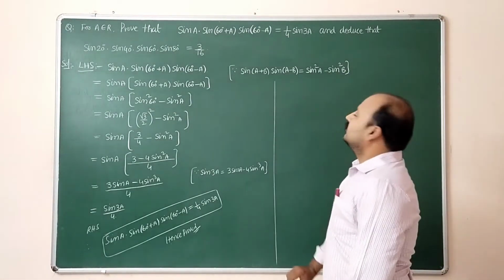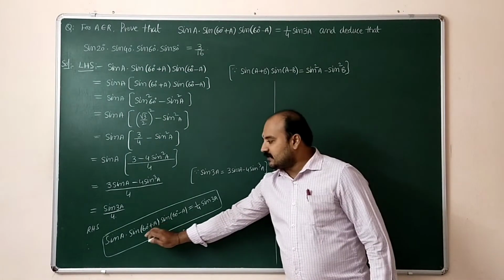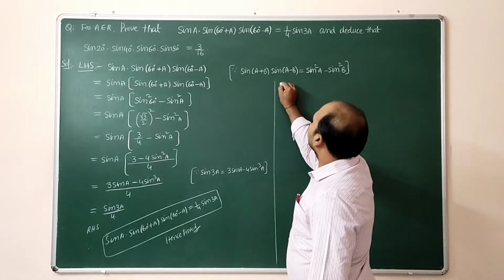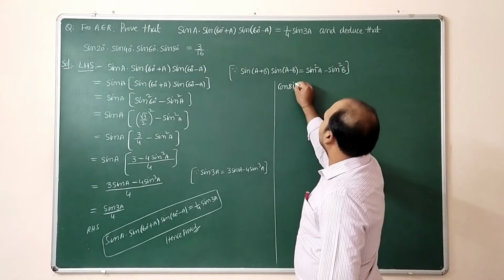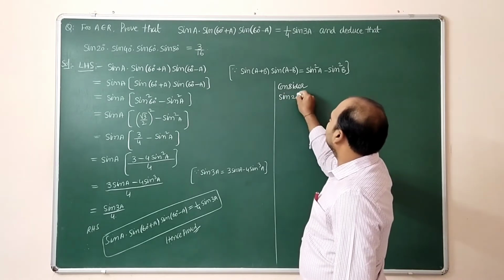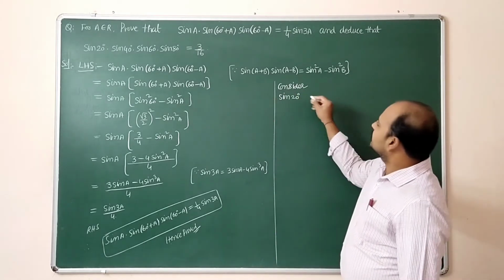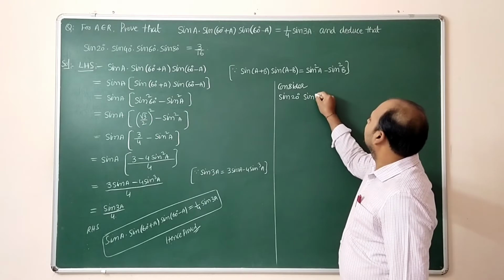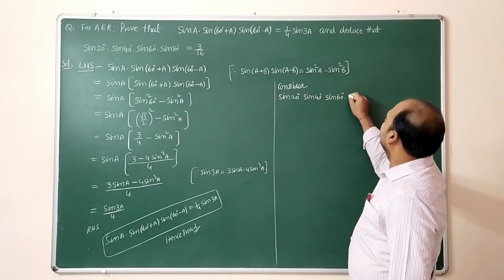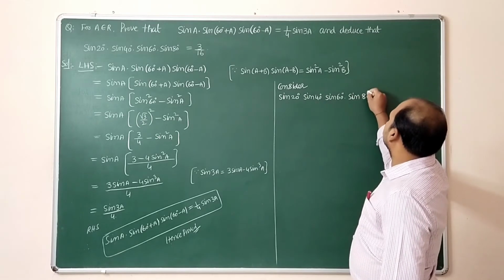See here. In this result, consider sin 20, sin 40, sin 60 into sin 80.